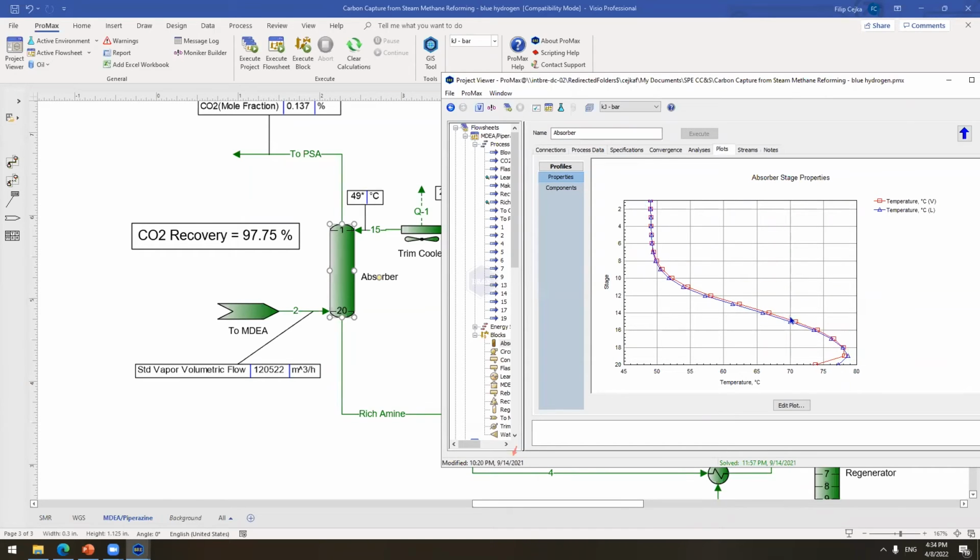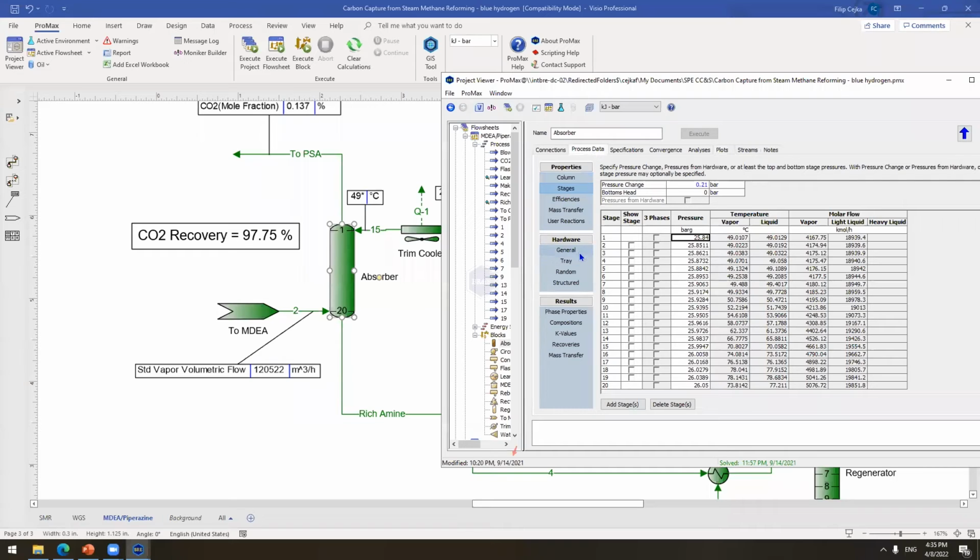This bulge is because the CO2 is dissolving and reacting, and because it's reacting, it's generating heat. So it's heat because of the absorption and because of the reaction. That's why we have this temperature profile. Most of the CO2 will be captured here, and as we go up the column, less and less CO2 will be captured.